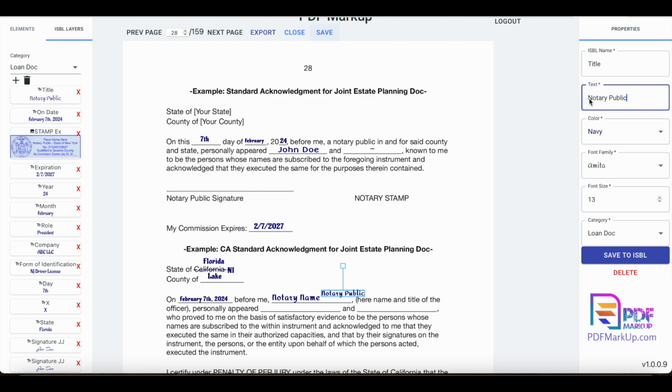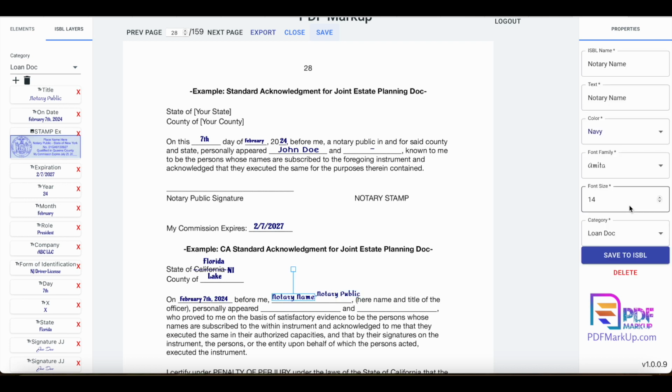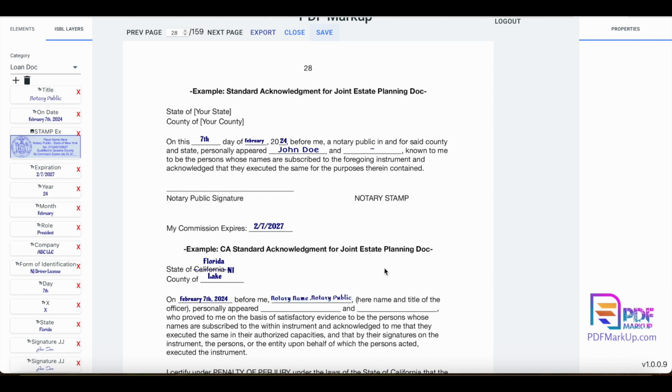Let's put a comma in the front there for us. Probably shrink this down just a little bit, so we could try to fit that title in there. All right, notary name, comma, notary public. Personally appeared, John Doe.